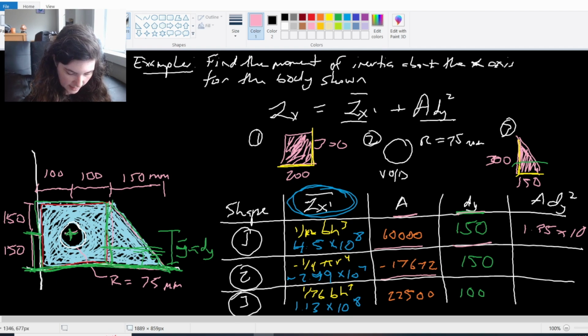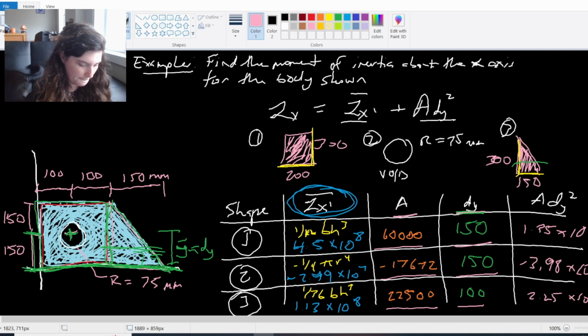I've got my negative 17,672 times 150 squared, which is negative 3.98 times 10 to the 8th. And finally, this 22,500 times 100 squared is 2.25 times 10 to the 8th.